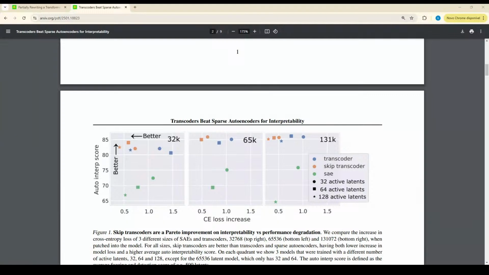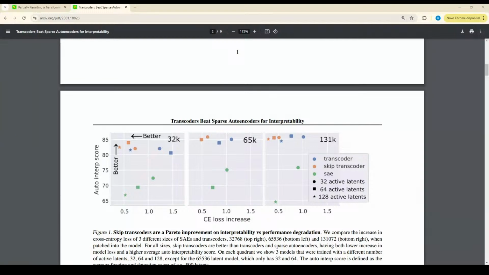So the default resource, I would say, is the one that I linked in chat, where OpenAI used GPT-4 to explain neurons in language models.